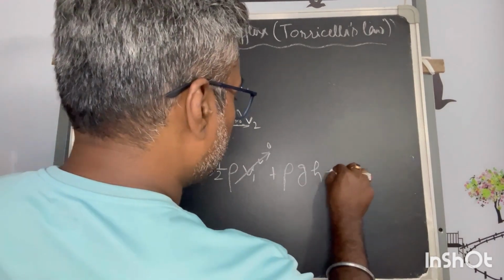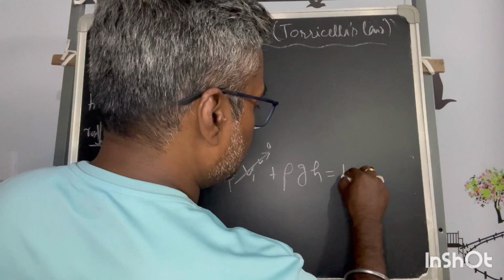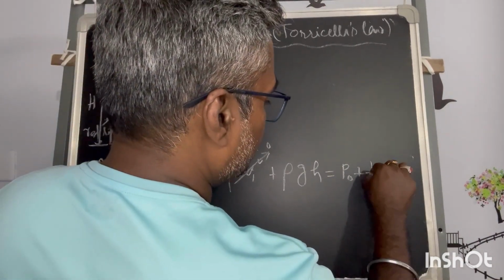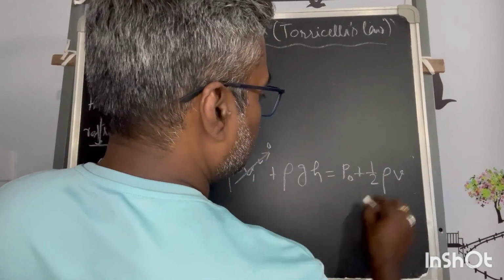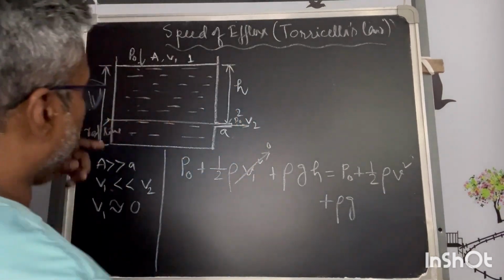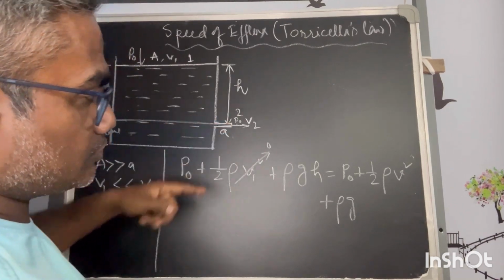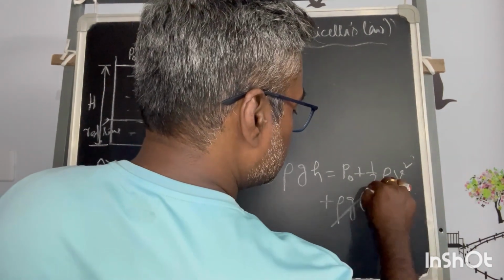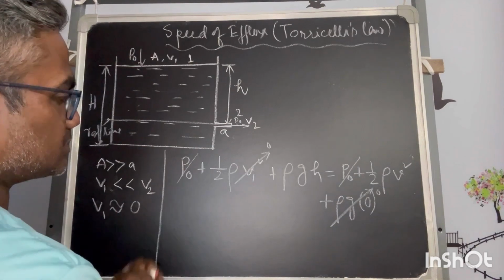On the other hand, if I take the energy equation here, the pressure energy P2 is P0, that is atmospheric, the same as this, plus half the kinetic energy, half rho V squared, and the potential energy is rho g times height. Now this reference line is matching with the point itself, so there is no height, so this ultimately becomes 0. The terms that are the same cancel out.